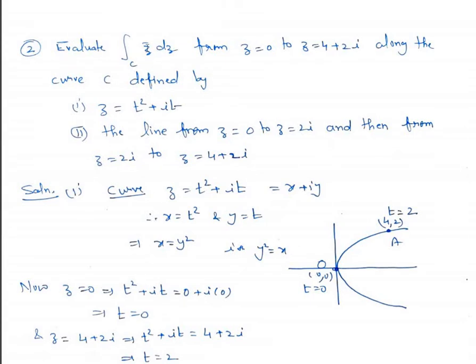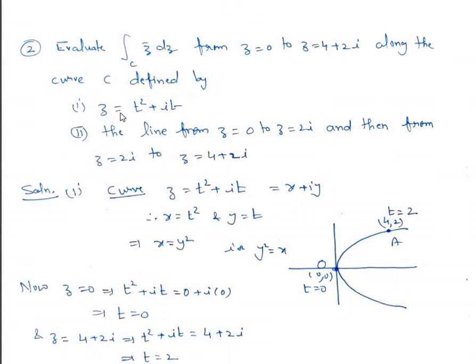Evaluate the integral over C of z bar dz, where z goes from z = 0 to z = 4 + 2i along the curve C defined by z = t² + it. This is the first part. Now, z = 0 represents the point (0, 0), and z = 4 + 2i represents the point (4, 2).